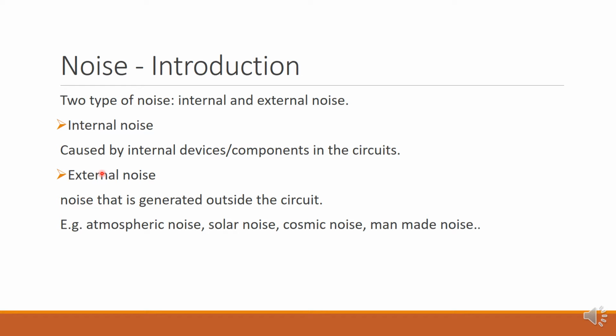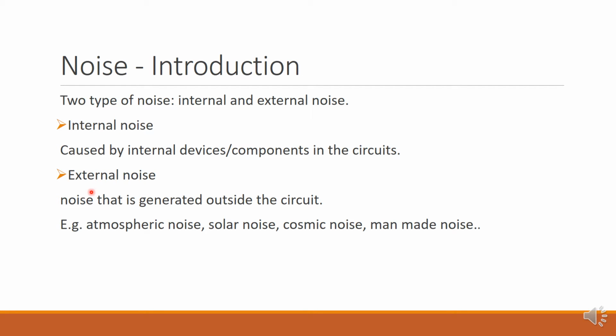Internal noise is caused by internal devices or components, coming from the circuit itself. This form of internal noise is present only when there is a signal. So when you turn off your signal, the noise will automatically be zero. No signal, no noise. This is internal noise.